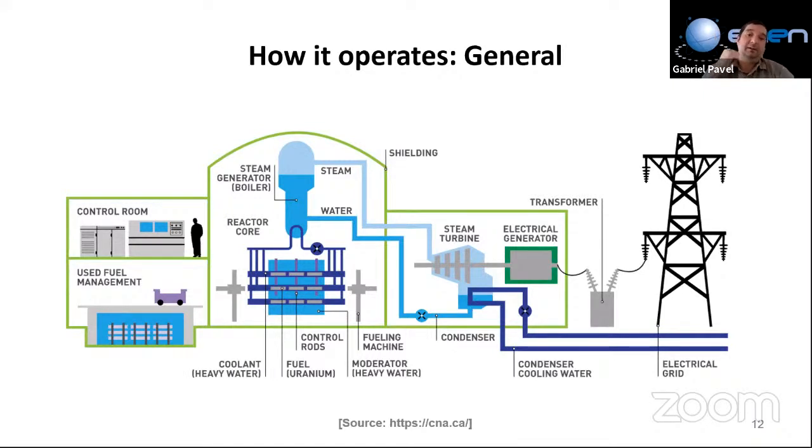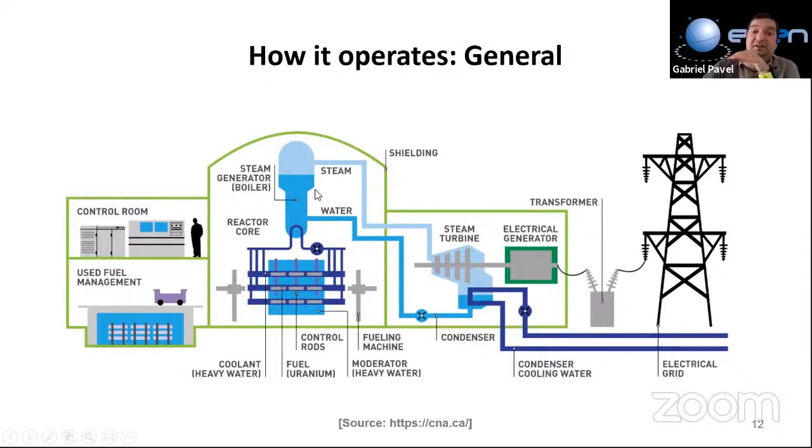First of all, the reactor is placed horizontally. So hot water provided by the reactor core enters the steam generator.